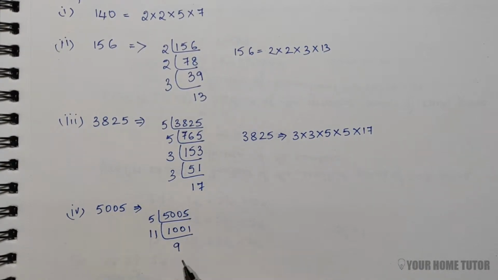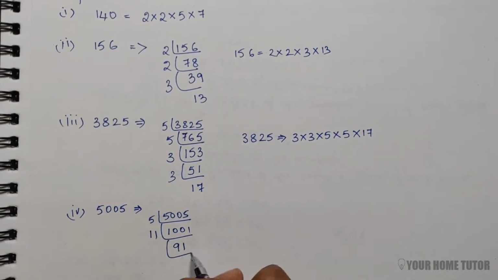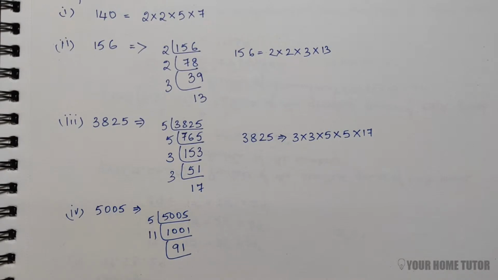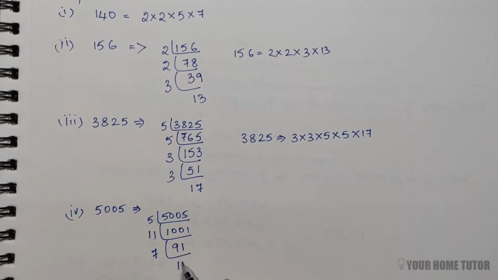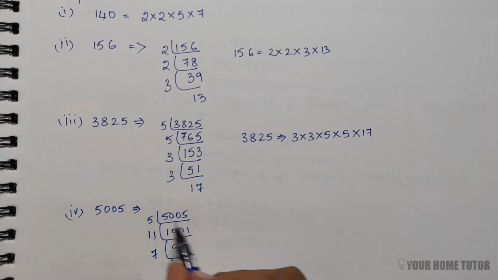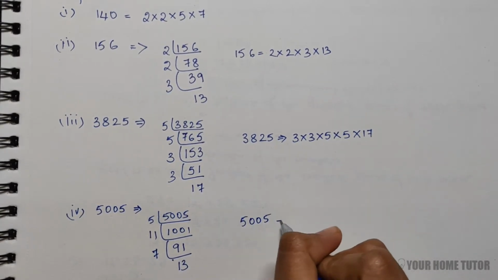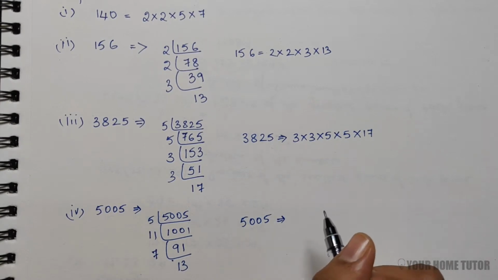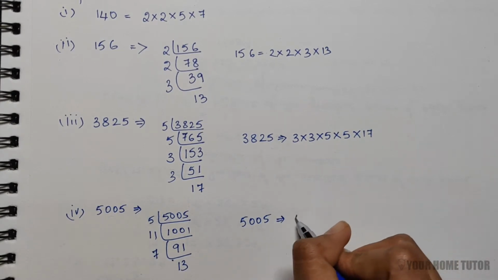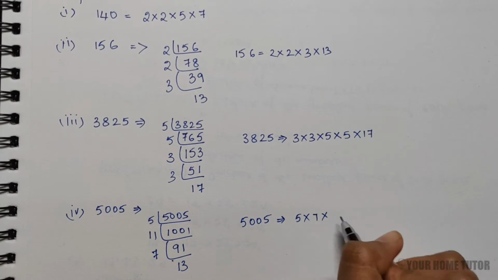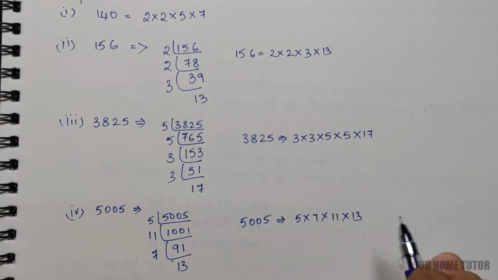So 11 9s are 99, 91. Okay. So this number is divisible by 7. 13. So these are our prime factors now. 5005 as a product of its primes would be 5 into 7 into 11 into 13.